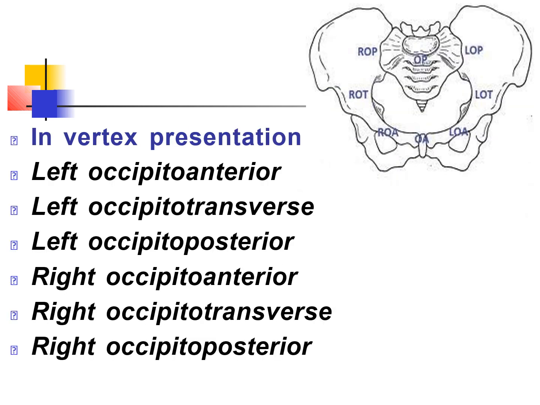Now let us see the different positions in the vertex presentation. In the vertex presentation, that is cephalic presentation, left occipito anterior. See here it is marked.